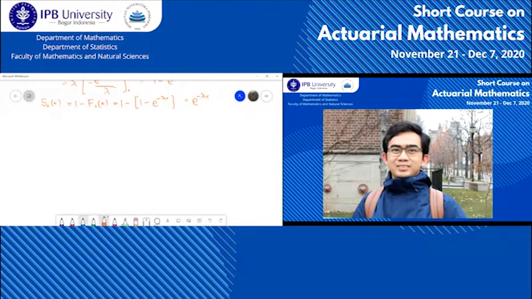Okay, so let's overlay the force of mortality. For example, the horizontal axis is x and the vertical axis is mu x. The typical force of mortality, as Professor Ken showed in the previous lecture, looks like this.